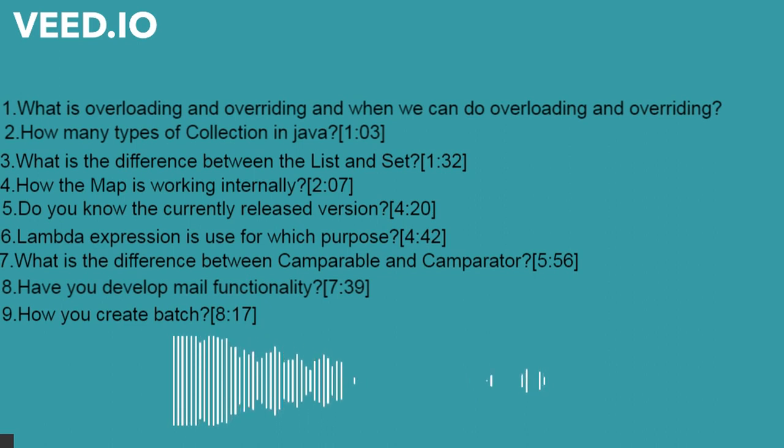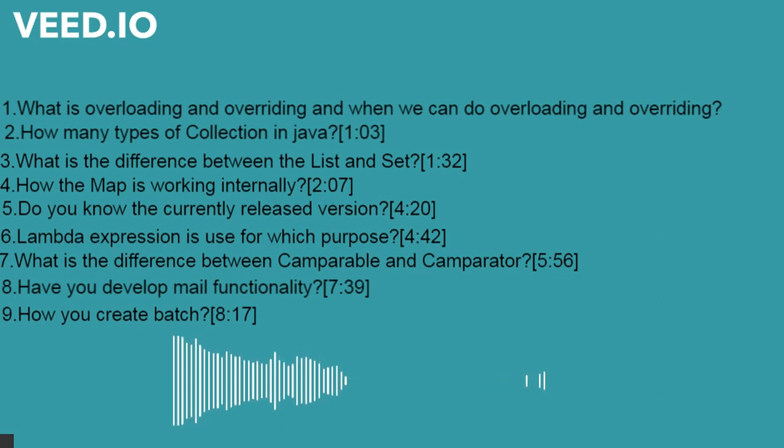But if we want to compare two employee objects, Java doesn't know how they need to be compared, whether with names or IDs or salary, anything. So for these types of comparisons, we generally involve Comparable and Comparator.